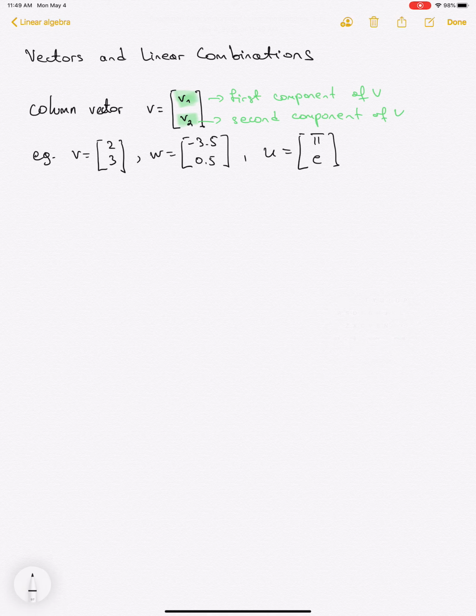Now, there are two operations that we're going to want to work with when it comes to vectors. The first one is easy, it's addition. The only requirement so we can carry out addition is that the two vectors have the same number of components. If I have a vector V with components V1, V2, and a vector W with components W1, W2, then addition is carried out component-wise.